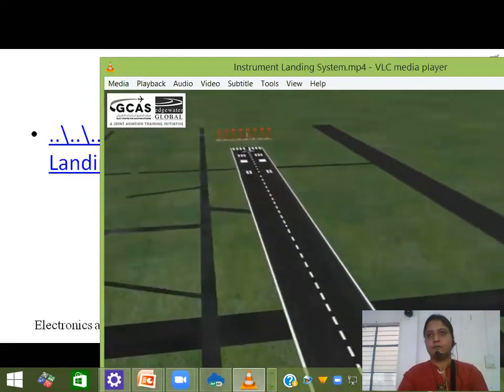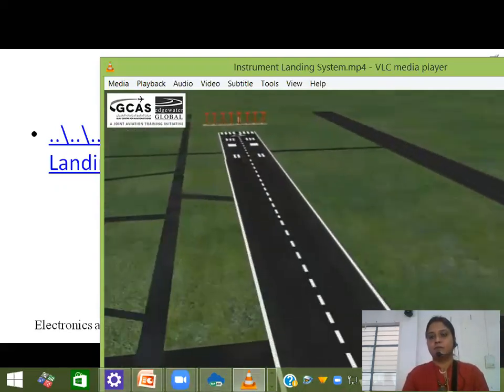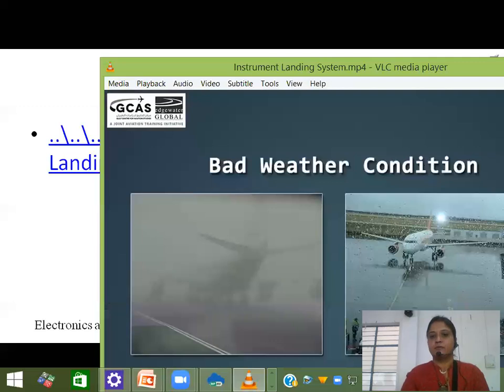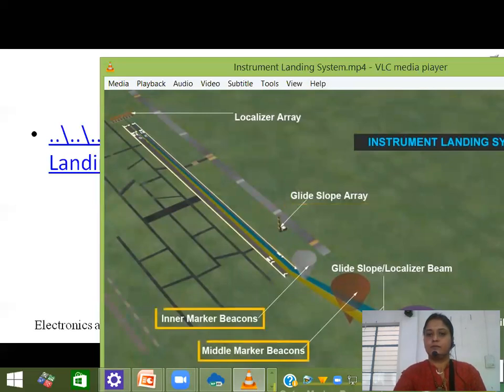These are used for providing safe landings during instrument meteorological conditions, or IMC, such as low ceilings or reduced visibility due to rain, fog, or blowing snow. The ground equipment comprises two highly directional transmitting systems, called the localizer and glide slope, and three marker beacons.